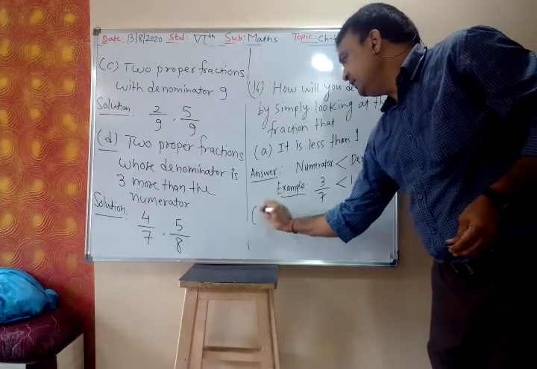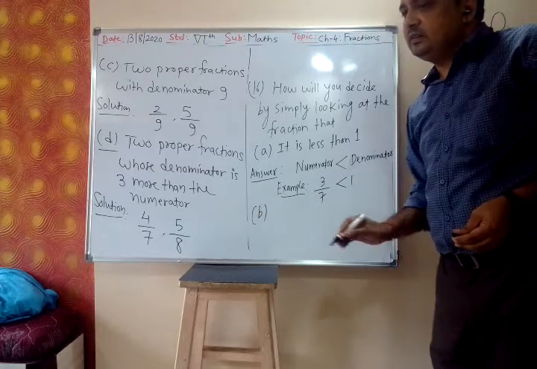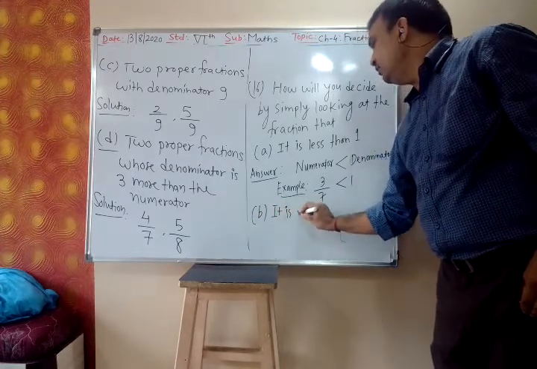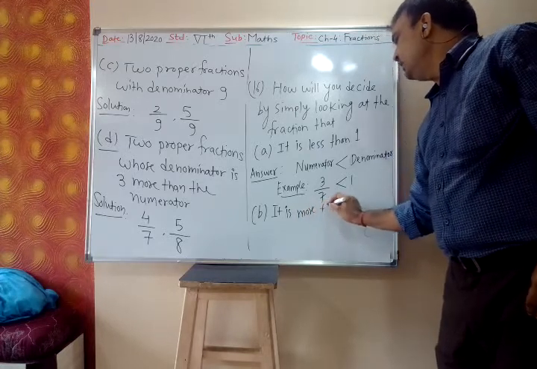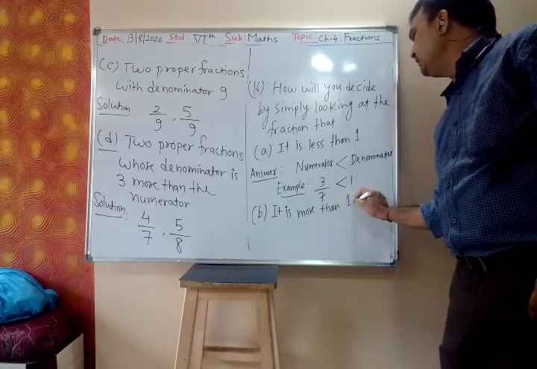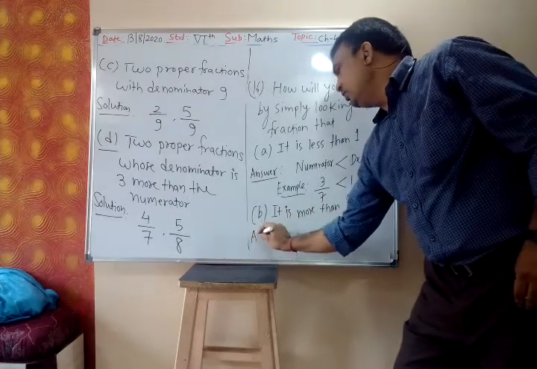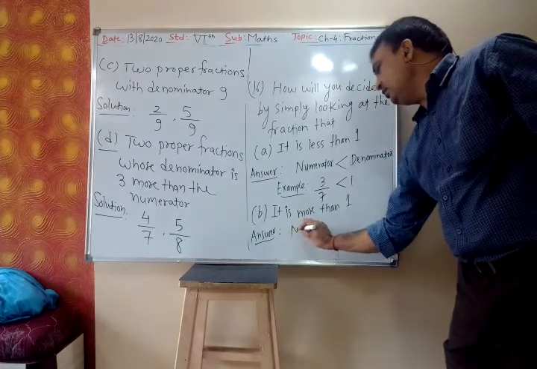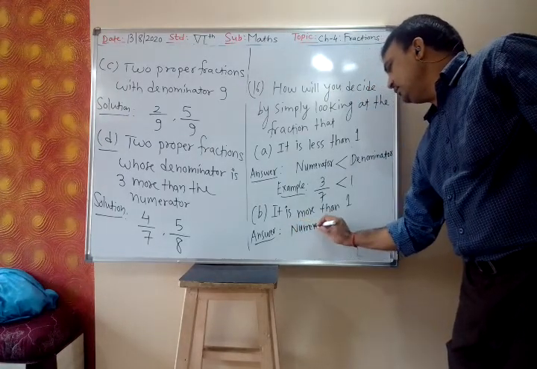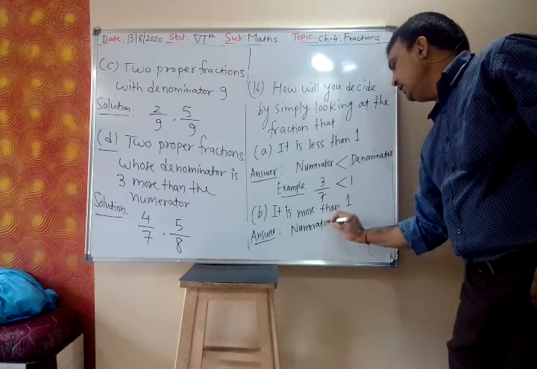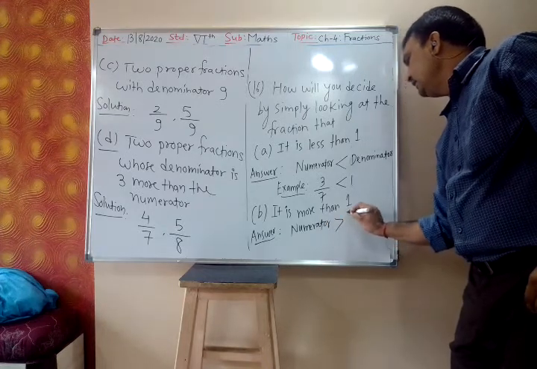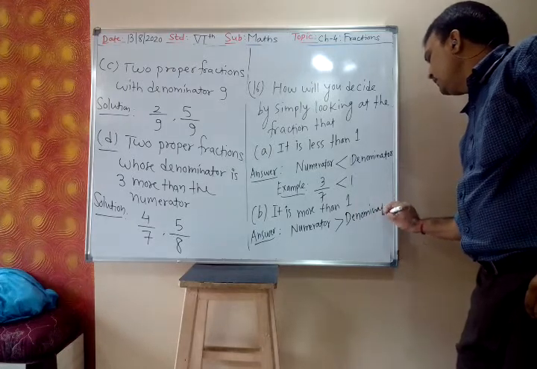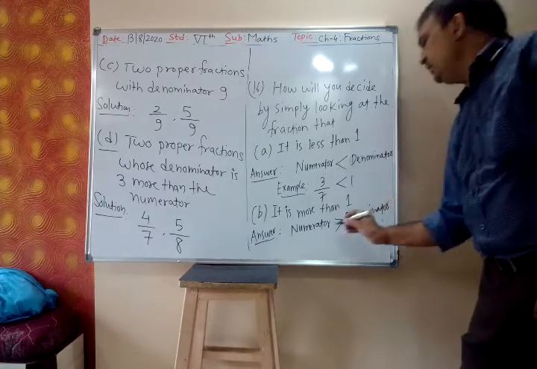Then B, by seeing the numerator and denominator, it is more than 1. So now the condition will be opposite. It is more than 1 means numerator will be greater than denominator.